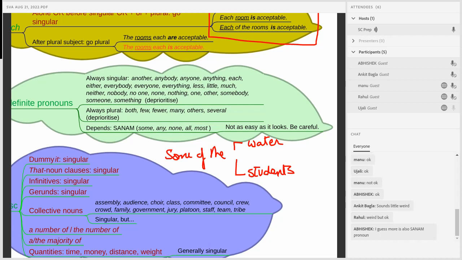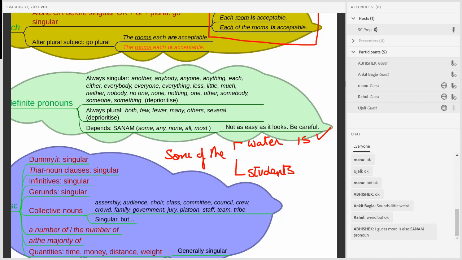That some over there doesn't really have any singular or plural of its own. You need to look at water and students, right? Water is singular. So you would never say some of the water are, right? That's not a problem. So some of the water is, that's perfect.